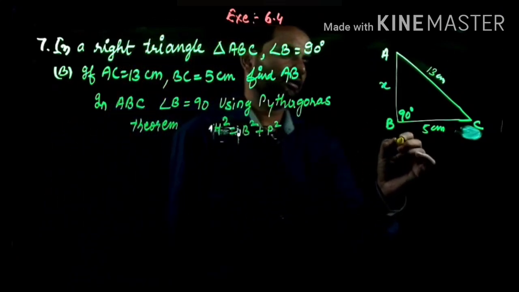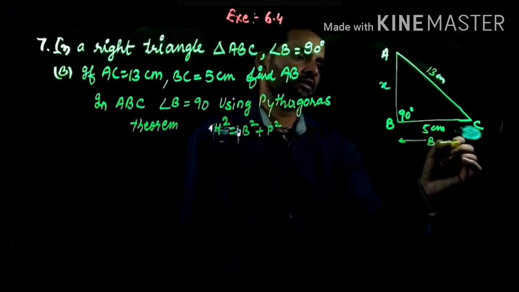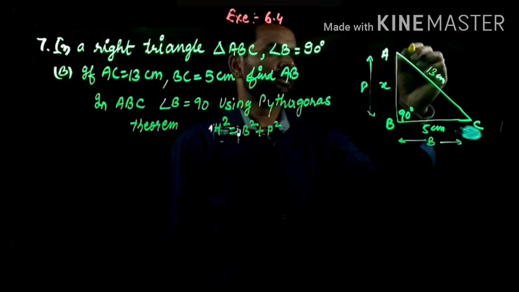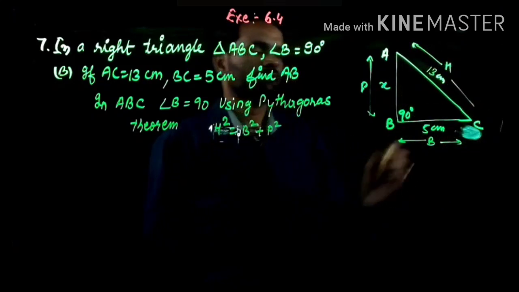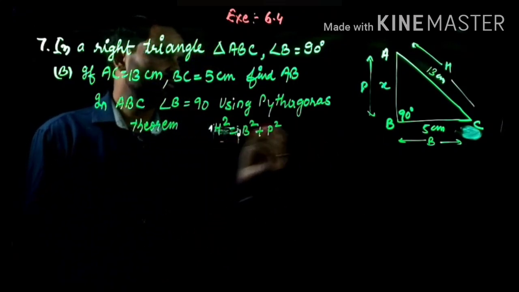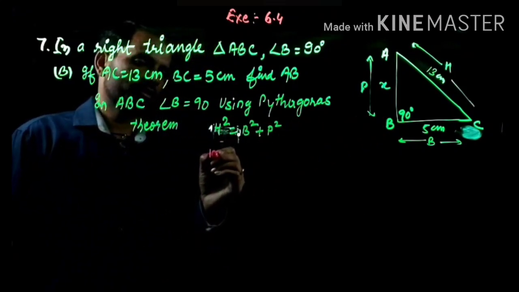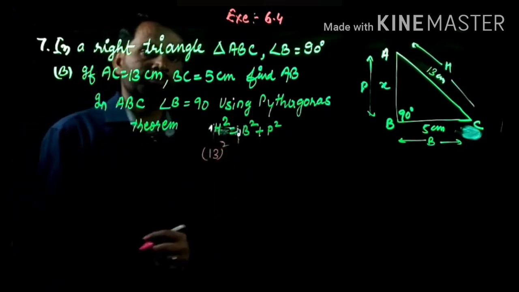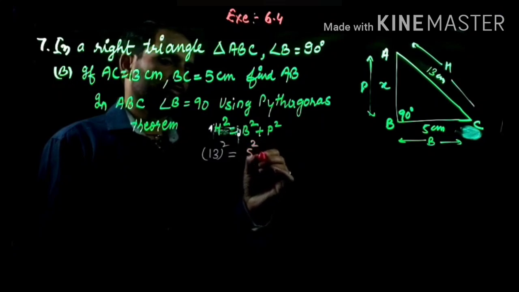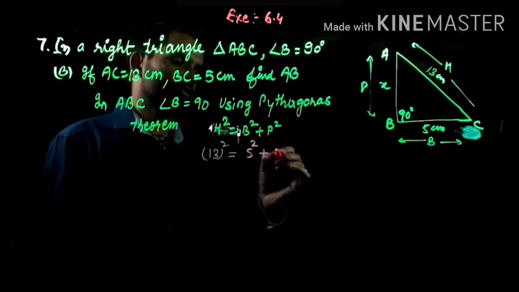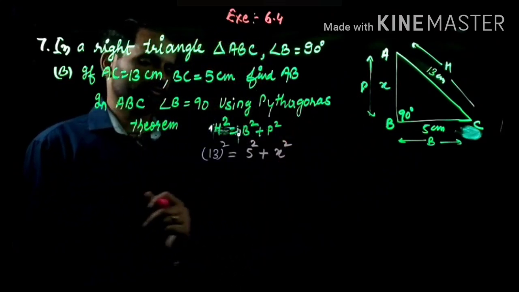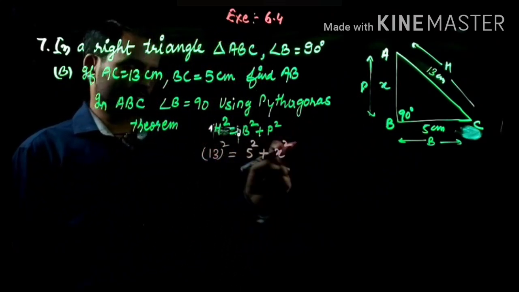In this triangle, this is the base, this is the perpendicular, and this is the hypotenuse. Okay, and put the value: hypotenuse is 13 square. Okay, and the base is 5 square plus the value of x square, because AB is equal to x. You write the one line as a side, no problem.